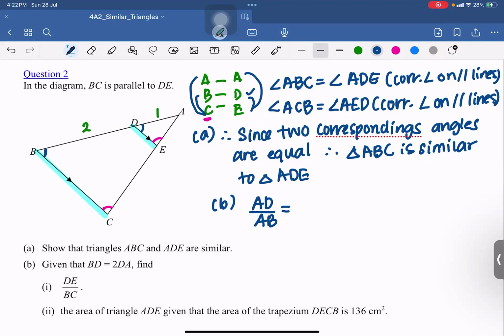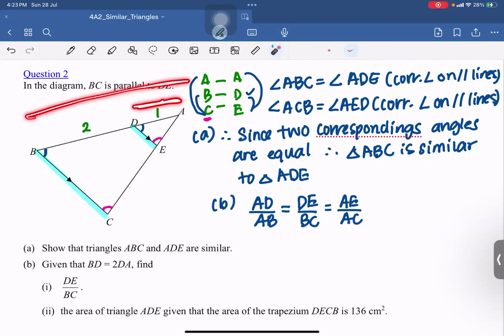This equals the next pair ratio, DE over BC, the smaller triangle over the bigger. This is also equal to the ratio AE over AC. From here, we can see that AD is 1 unit, AB is 3 units.